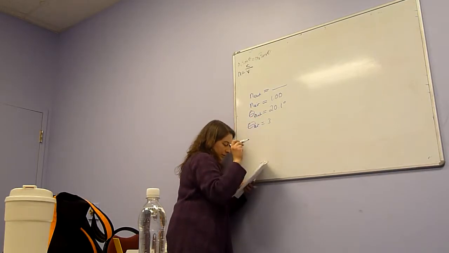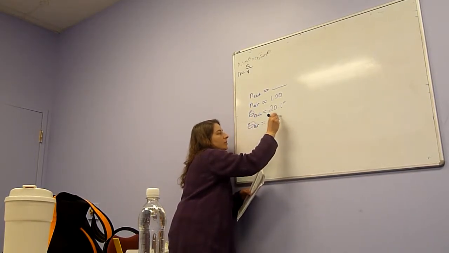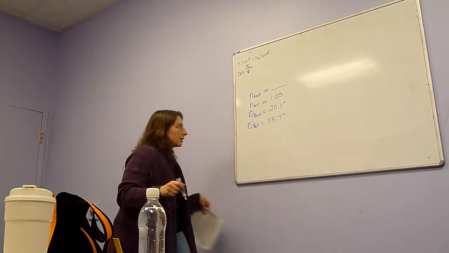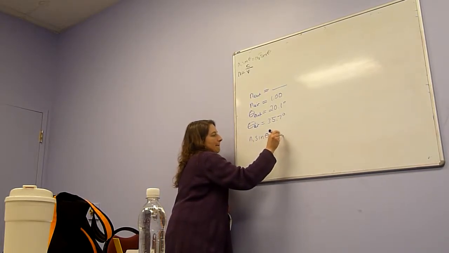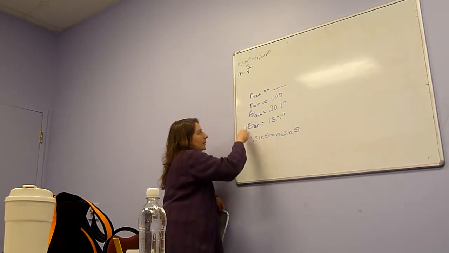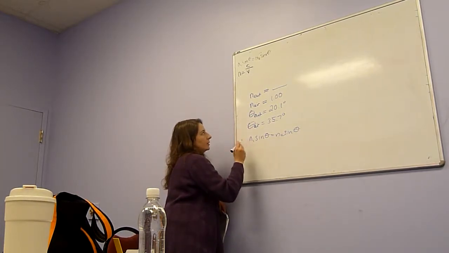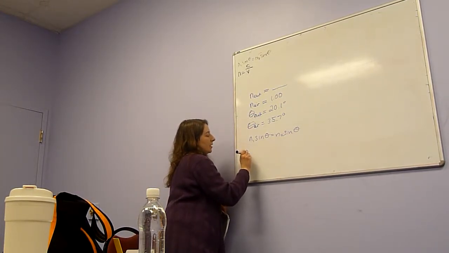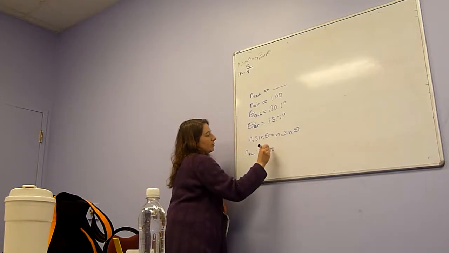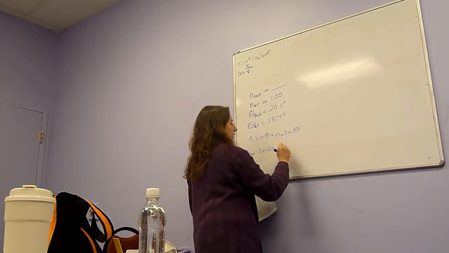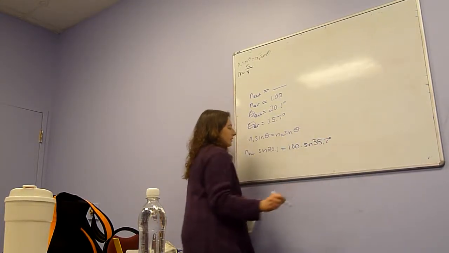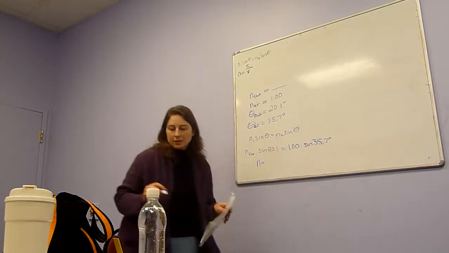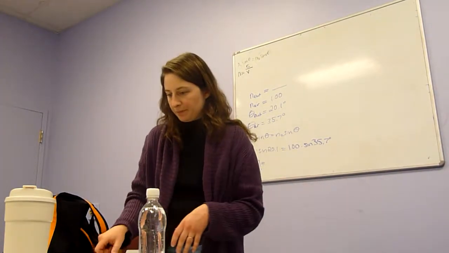And 35.7 is the refraction when it exits the flint and enters the air. So then we just set up Snell's law, and we keep air together and flint together. So if flint is n1, we'll have n flint times sine 20.1 equals n air times sine 35.7. So what is the index of refraction of flint? 1.70. Everybody else solve it and tell me if you get the same.